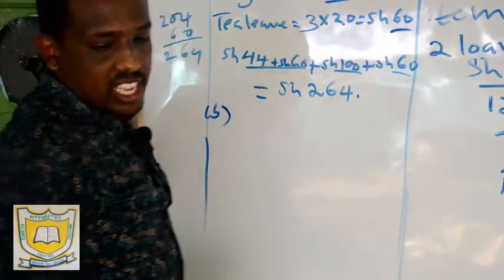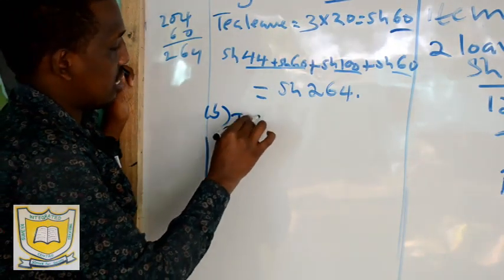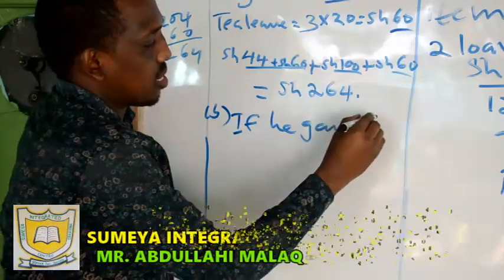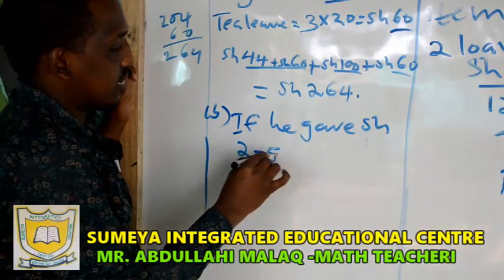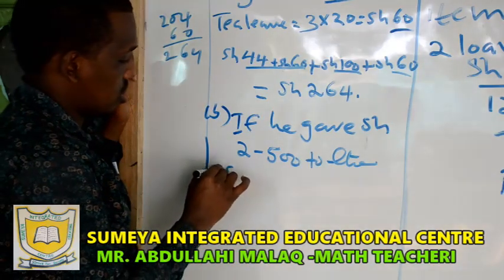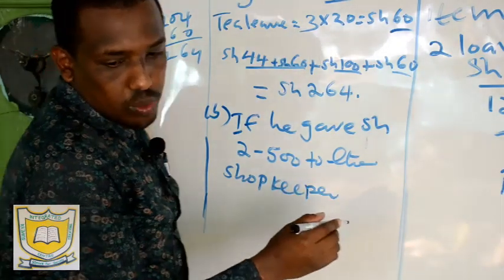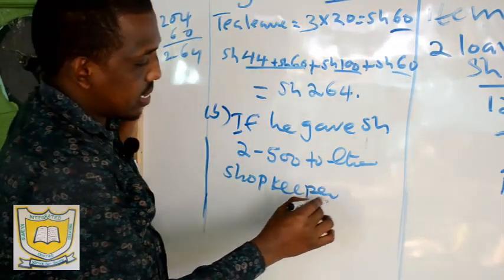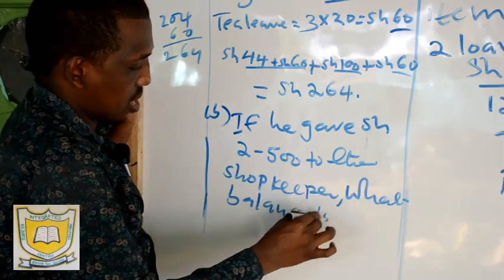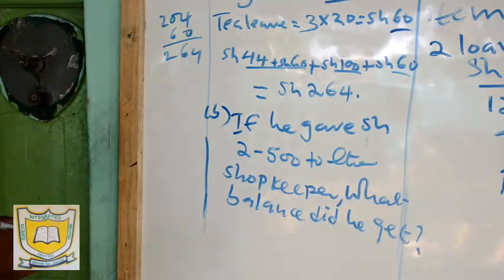You are told if he gave shillings 2,500 to the shopkeeper, what balance did he get?